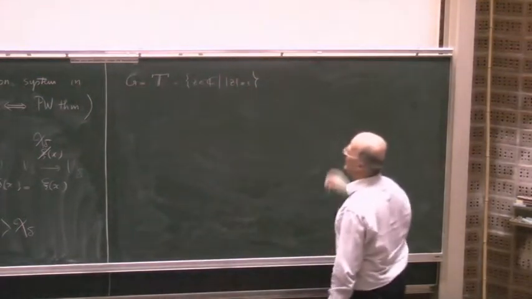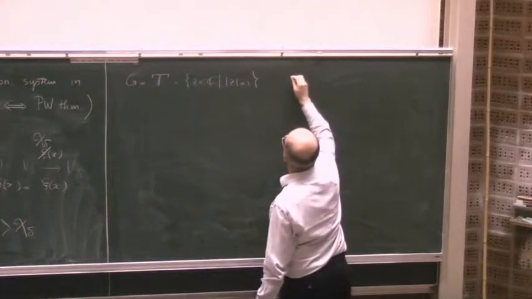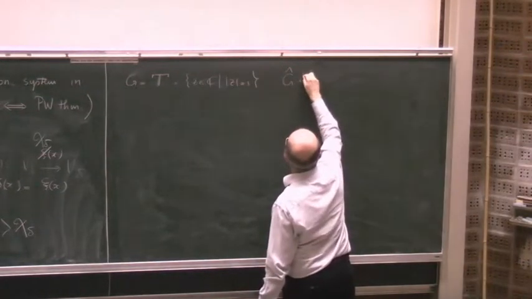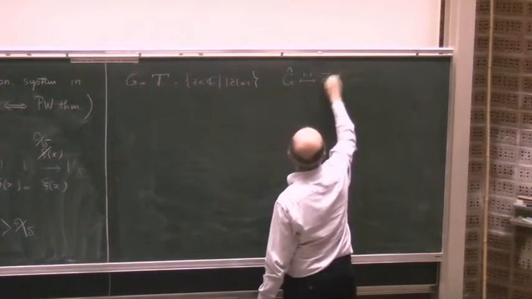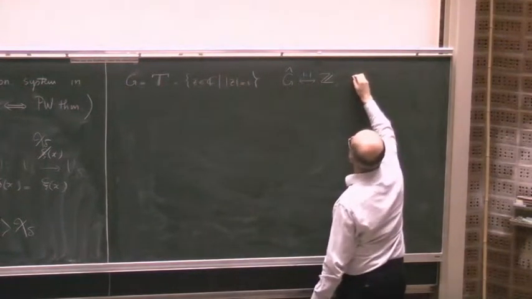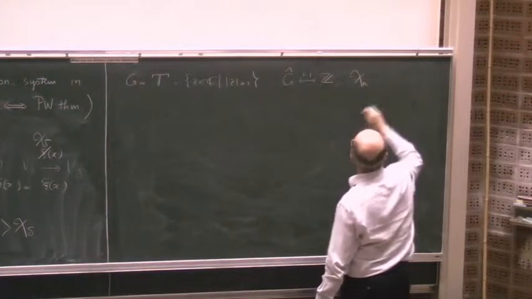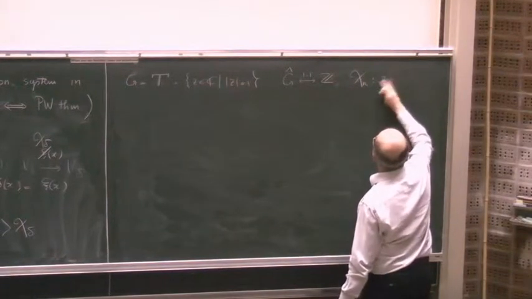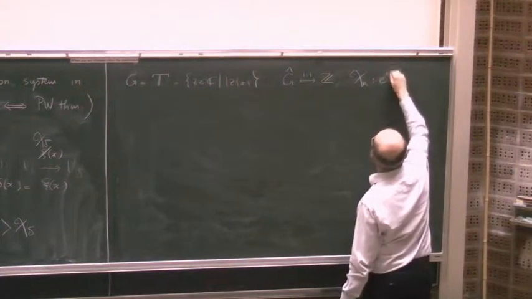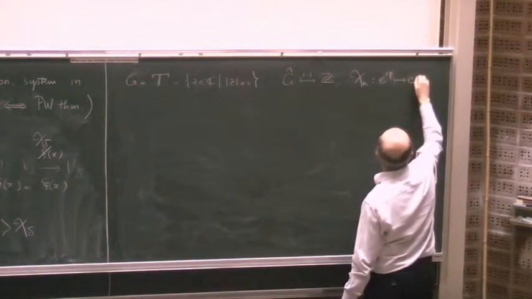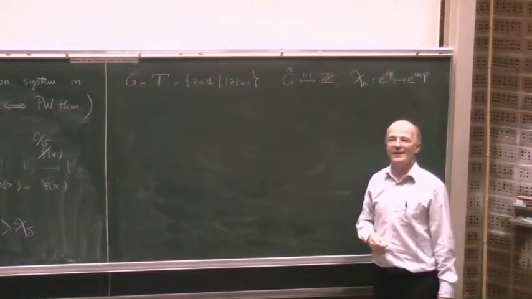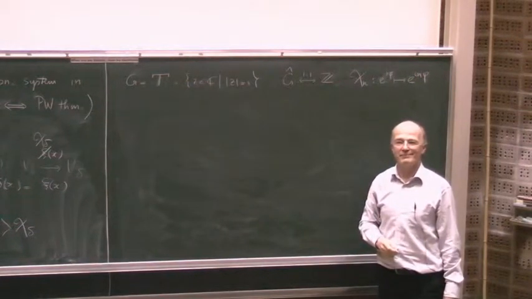Then the irreducible representations correspond one-to-one to n in Z. What is the character parameterized by an element n? This is the map e to the i phi, an element of the unit circle, goes to e to the i n phi. The usual Fourier function. Right?